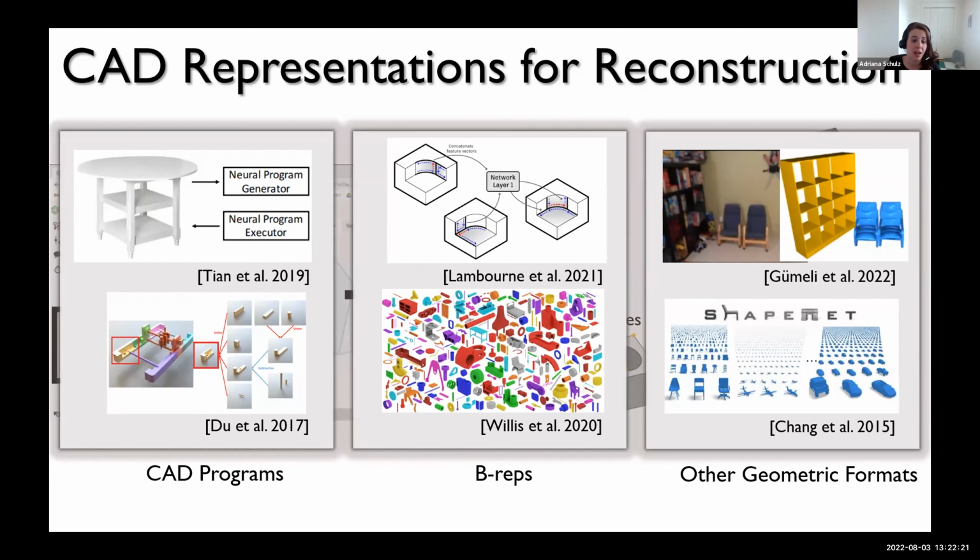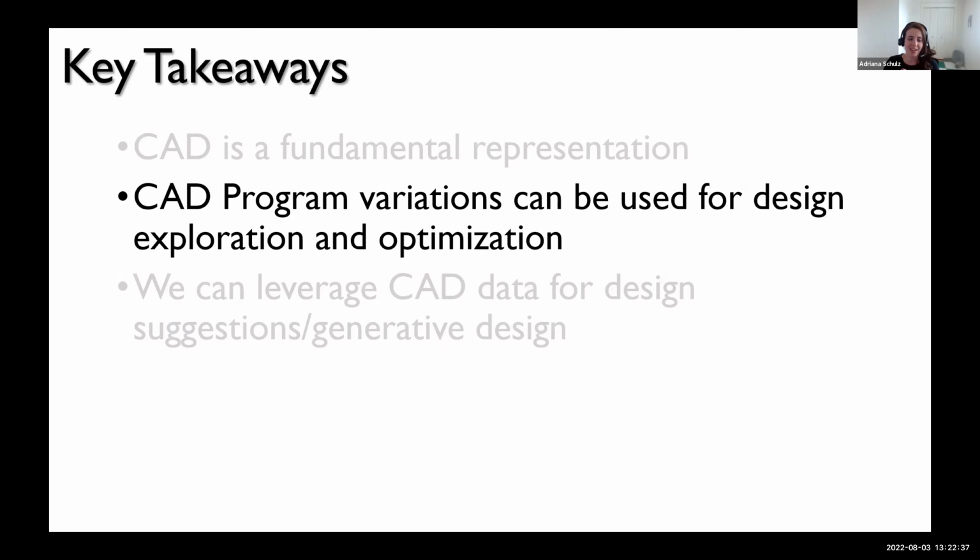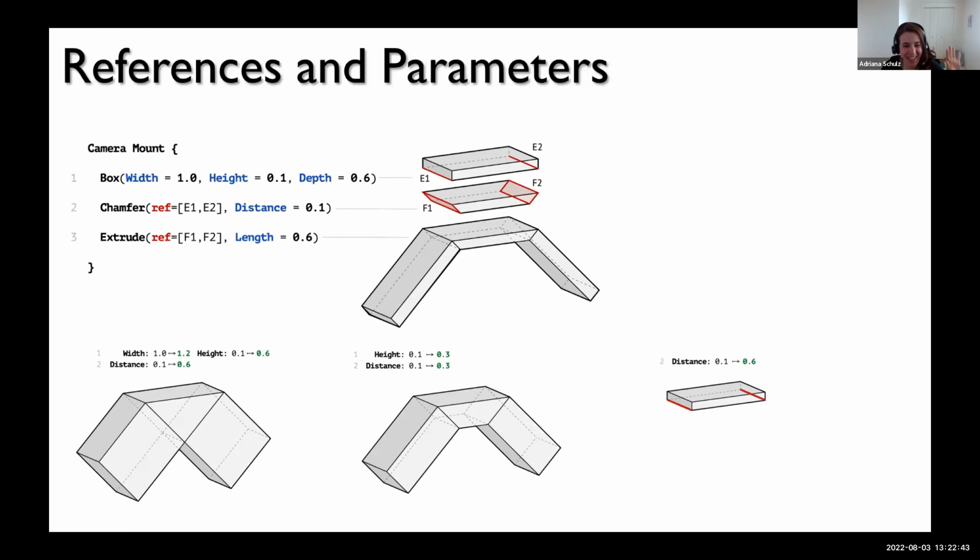The other challenge is that we talk about CAD programs, variations, and how this can be useful for design exploration and optimization. But if you're a CAD user, you know that if you have a design, the minute you start tweaking your parameters, things typically break. Right? And there's this beautiful promise of parametric CAD that it gives you this family of shapes, but in reality, once you start editing things, you get these errors in Onshape of like, this does not regenerate, right?